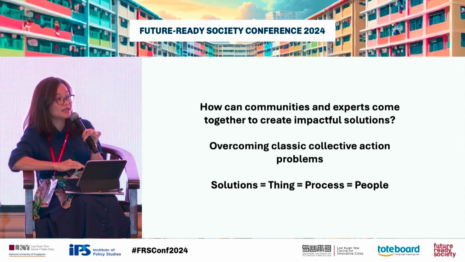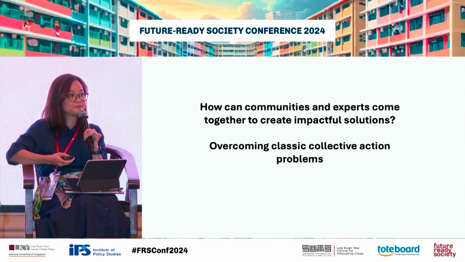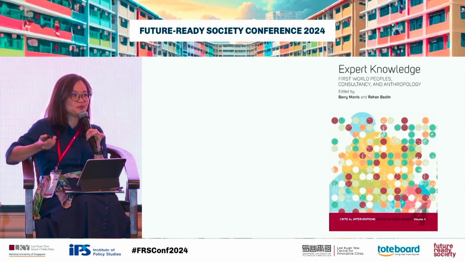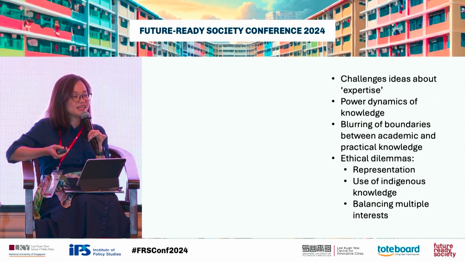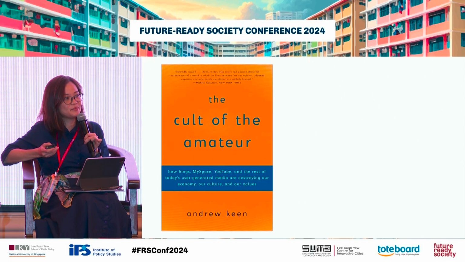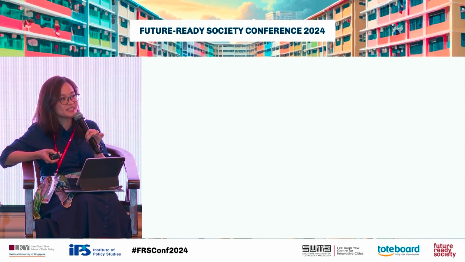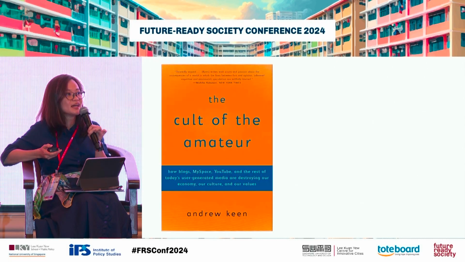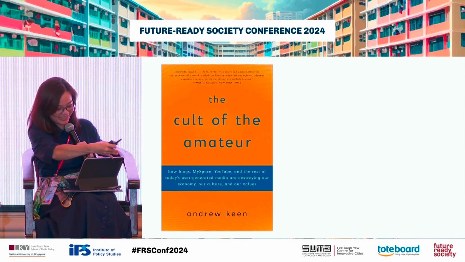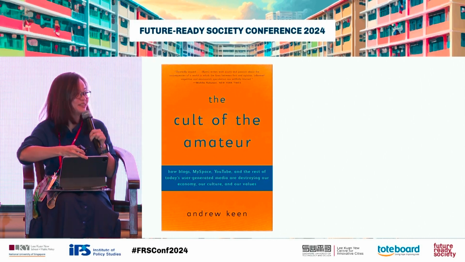And I do believe that if we look at my first contrast between these two books, it can be about both experts and also non-experts coming together. I don't like the word amateur here, but that's the title of Andrew Keen's book.